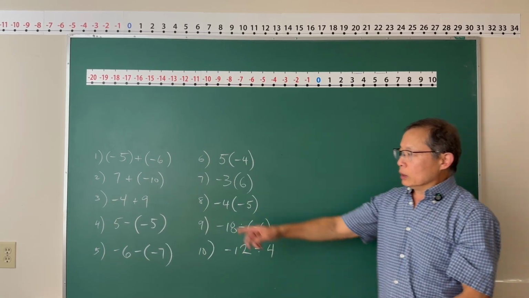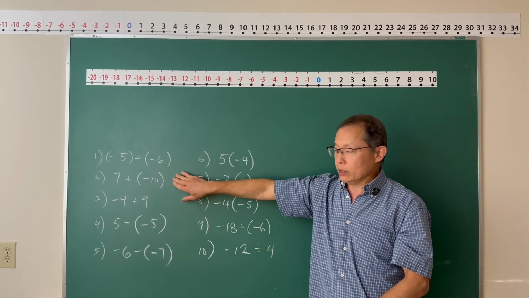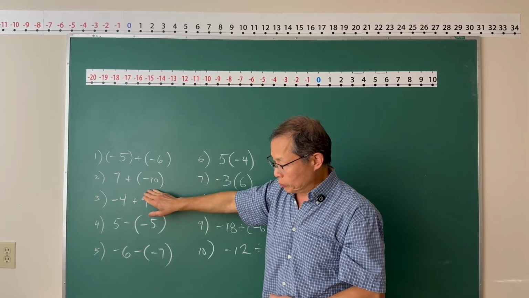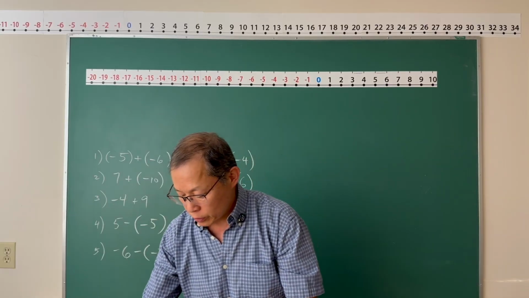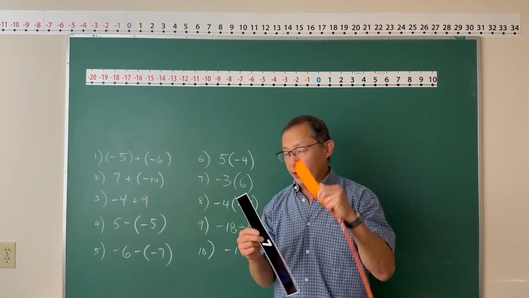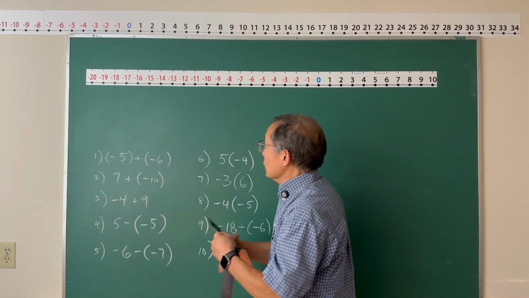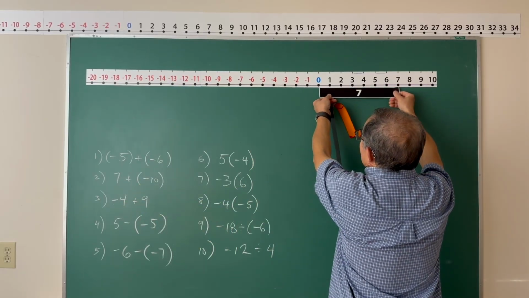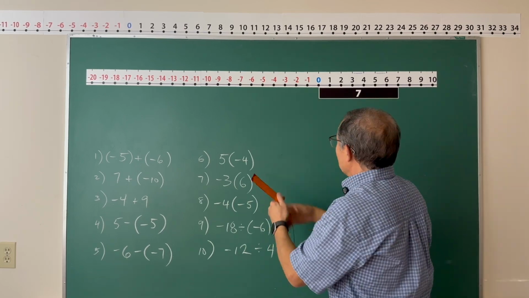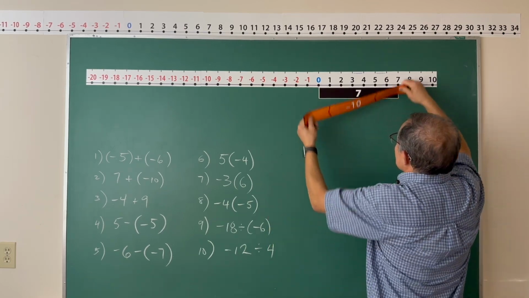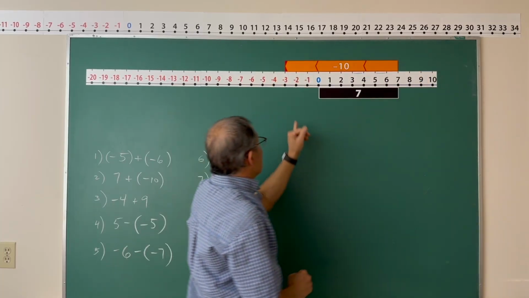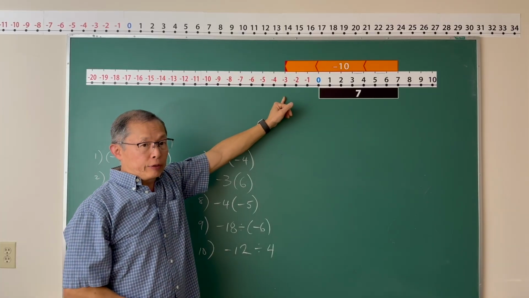Number 2, 7 plus negative 10. We've got rightward movement and we have leftward movement, and that's easy enough to demonstrate again because we have the two different kinds of number strips, a positive and a negative. So the 7 is going to indicate a positive movement in the right direction, and then the negative 10 we're putting from the end of where we just stopped going to the left, and you can see that we're going to end up at negative 3.